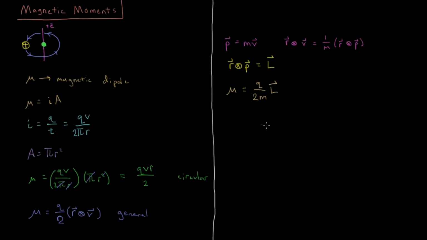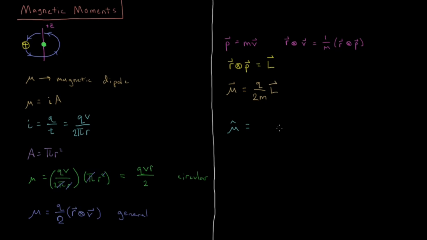And now what we do when we go to quantum mechanics is we go from this magnetic moment vector and our angular momentum vector to these being represented by operators. So we're going to have mu hat, our magnetic moment operator.